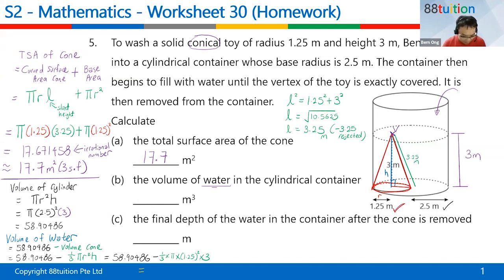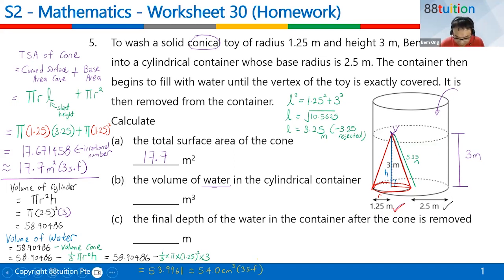Minus 1 over 3 times pi times 1.25 squared times 3. You'll get 53.9961. Write out a few decimal places first, then give an approximate sign. 53 point, 3SF, 54.0 cm cube. 3SF.